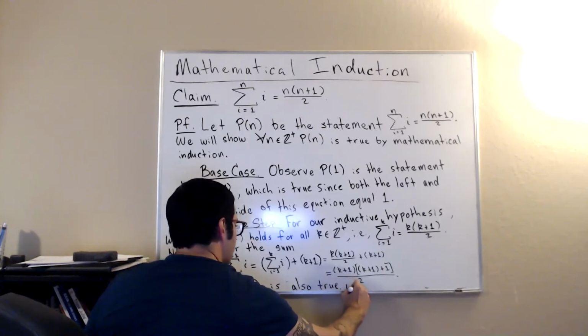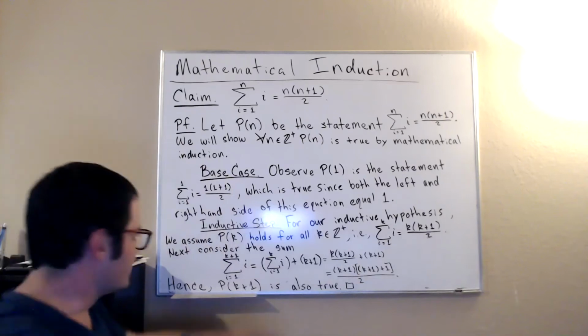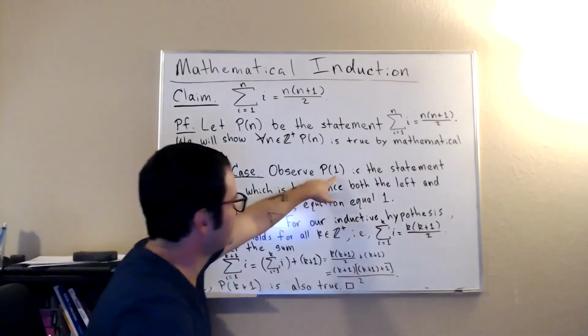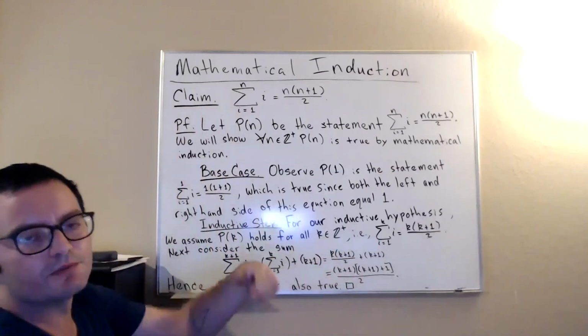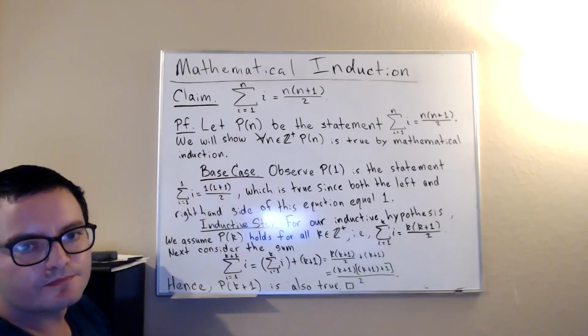And that would be because PK implies PK plus 1, right? So since P1 is true, then P2 is true, then P3 is true, and so forth and so on. It's true for every positive integer n. Done.